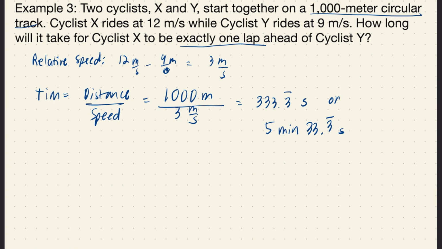Okay. So it will take 333.333 seconds for cyclist X to be exactly 1 lap ahead of cyclist Y.